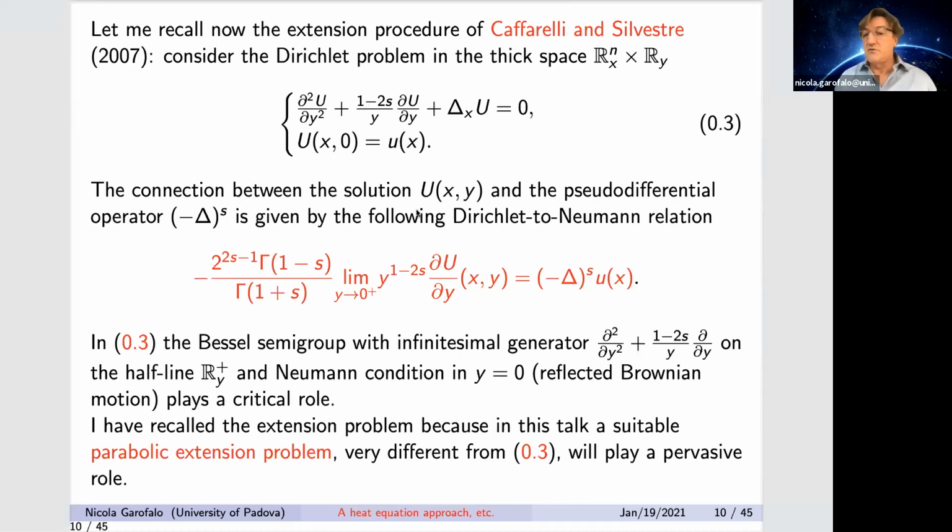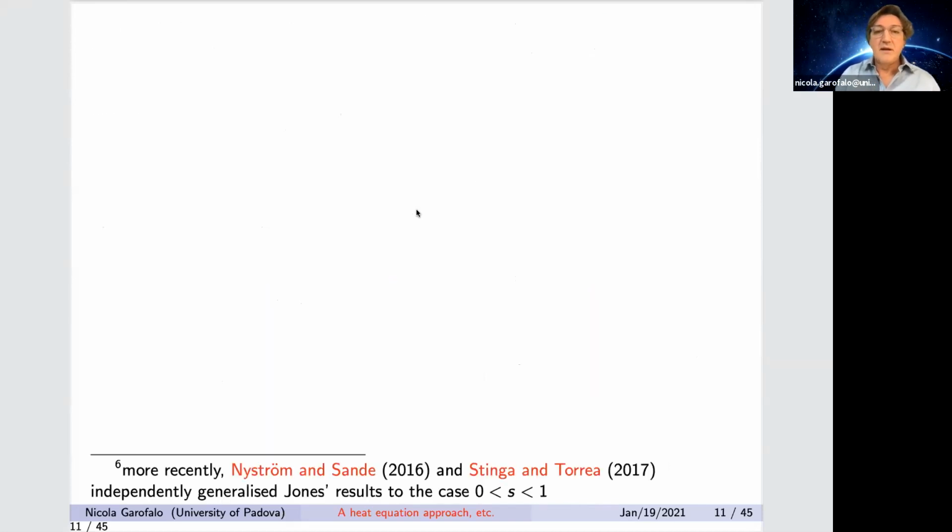So this corresponds to reflected Brownian motion. And I have recalled this problem because, as you will see very quickly in my talk, some form of extension problem, in particular a parabolic extension problem, will play a pervasive role.